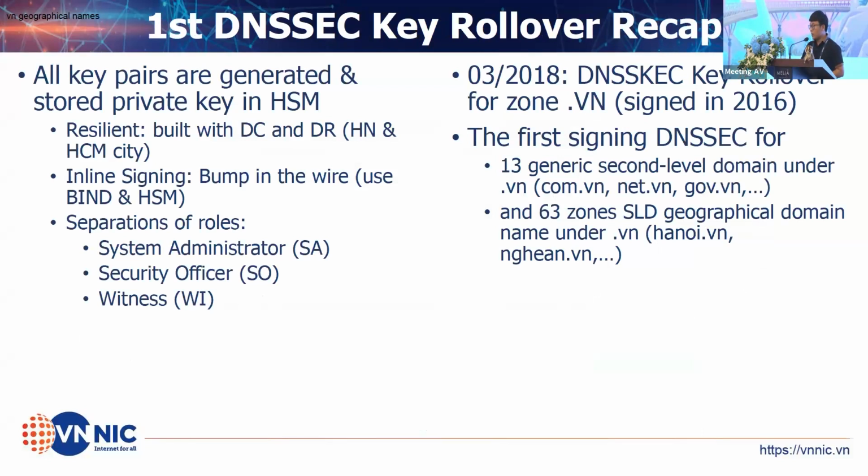So in the first DNSSEC key rollover, all the key pairs of the DNSSEC were generated on the HSM. For the connection we used the HSM with BIND via PKCS 11 and OpenSSL, because the old version of BIND doesn't support native PKCS 11.